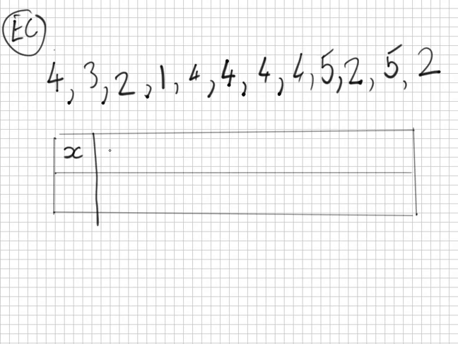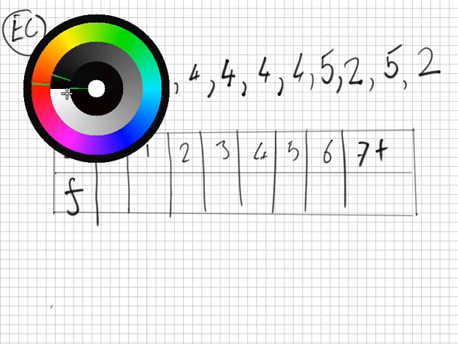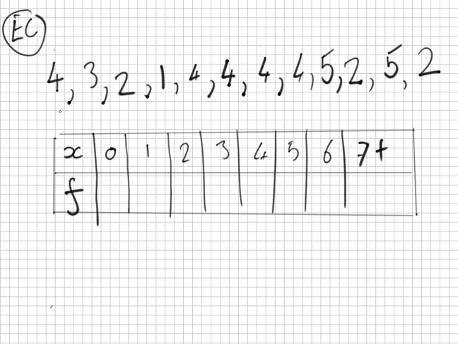So we could have 0, but you notice that there's actually no 0 in this one here. 1, 2, 3, 4, 5, 6, and then maybe we'll just do 7 or more there. And then the second row you put down what's called the frequency, and frequency just means how many of them you have. How many zeros do I have?